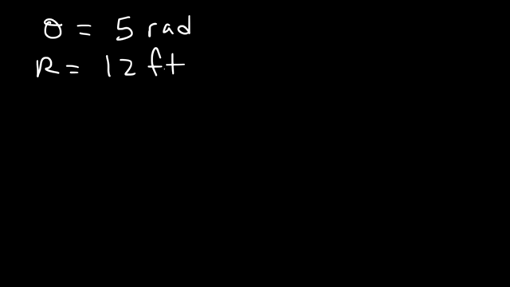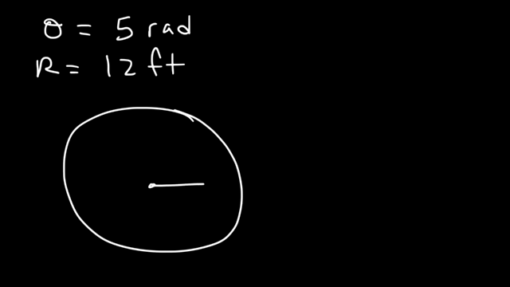So for example, let's say we have an angle of 5 radians and a radius of 12 feet. What is the arc length? So imagine a picture where R is 12 feet and the angle is 5 radians.